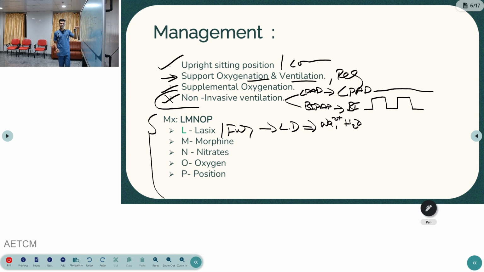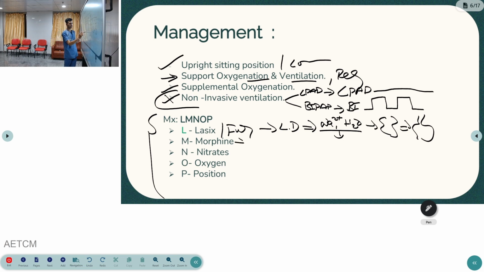We told that cardiogenic is one of the causes of pulmonary edema. So if it excretes sodium and water, that will reduce the preload of the heart. At the same time, from the lung it will excrete the accumulated fluid. That is the purpose of Lasix.